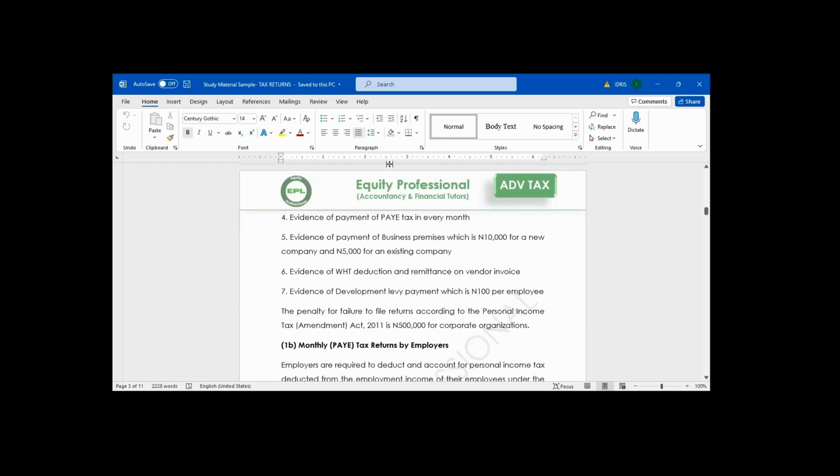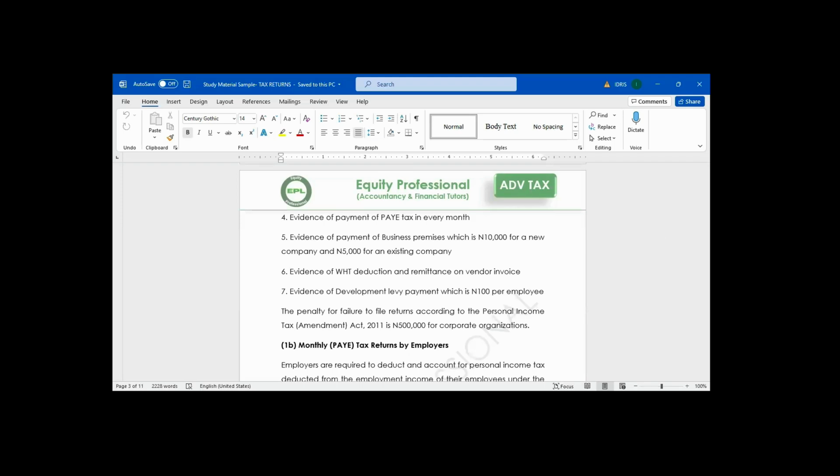Now, what is the consequence for non-filing of payee annual return? This payee annual return, like I said, it is the company that will file it on behalf of the employee.